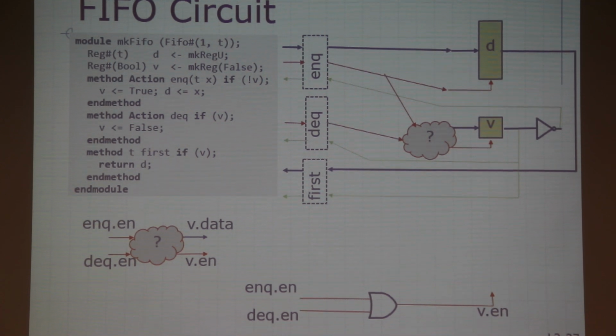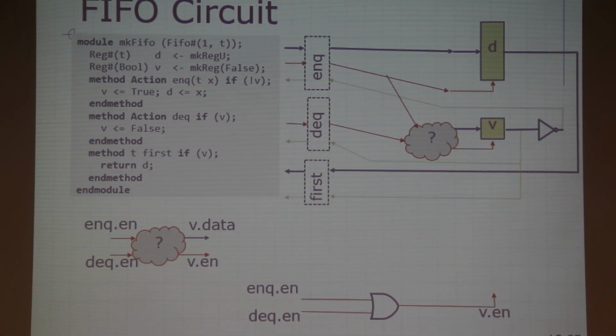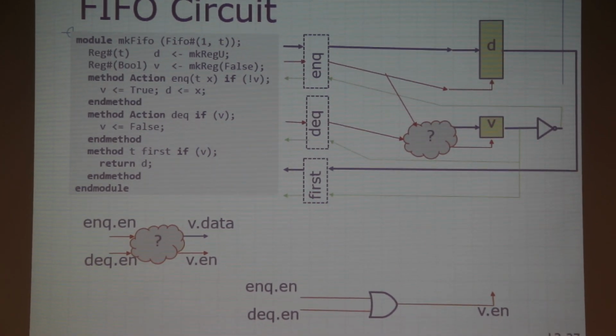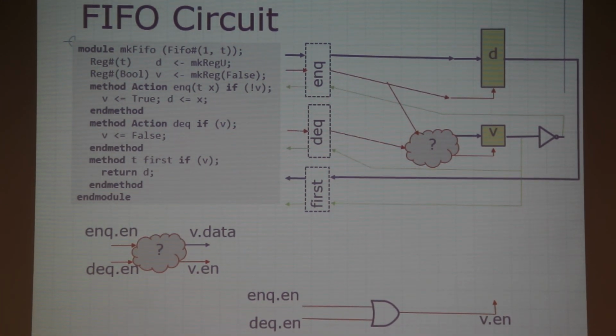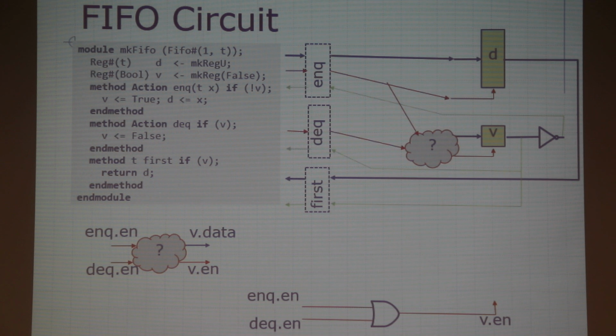I think OR will do. You can probably do exclusive OR too. There'll be huge problems if both of them are true simultaneously, right? Fortunately, that cannot be the case here. Why?